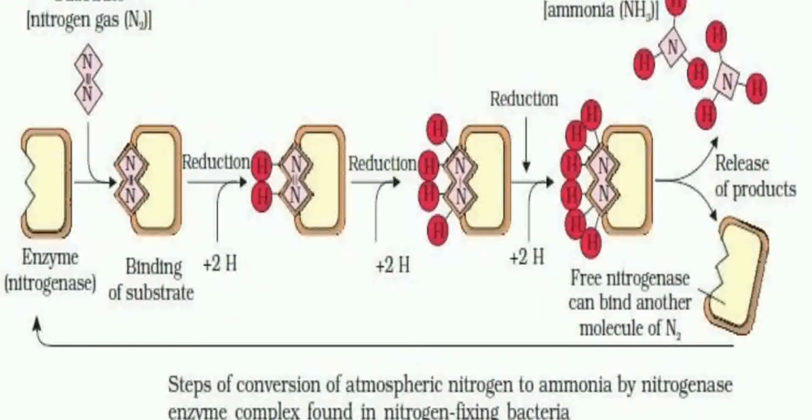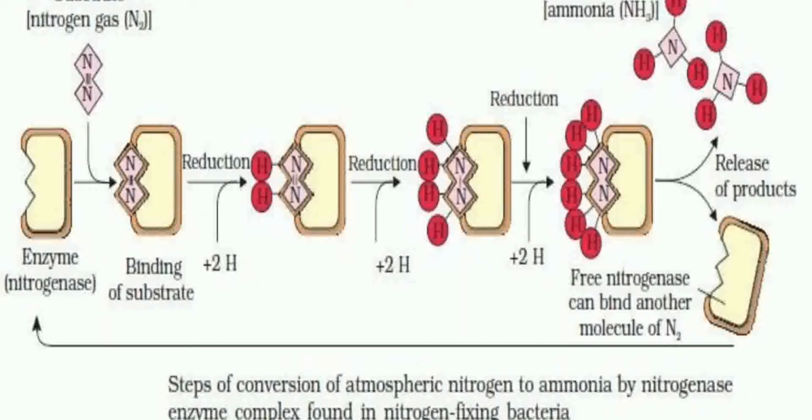Now, herein you can see the steps of conversion of the atmospheric nitrogen to ammonia by the nitrogenase enzyme complex found in the nitrogen fixing bacteria. Here in this figure, this is the enzyme nitrogenase, which combines with the atmospheric nitrogen, and immediately the triple bond between the two nitrogen atoms gets broken because two hydrogen atoms get attached to them. Another bond breaks, and two more hydrogen atoms are attached.